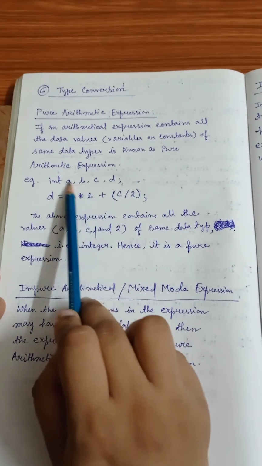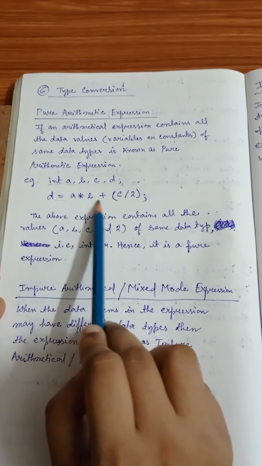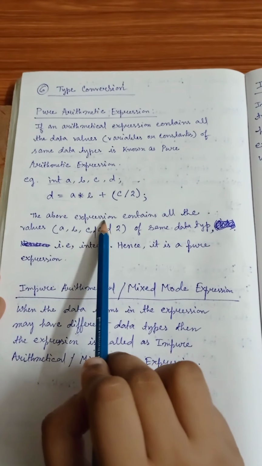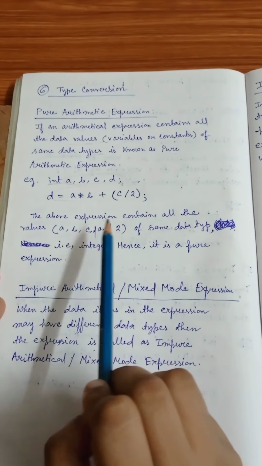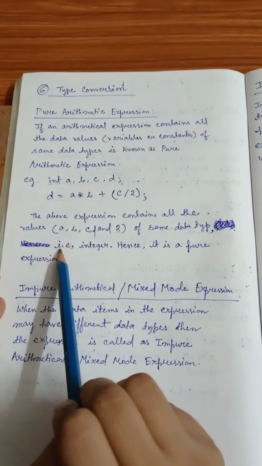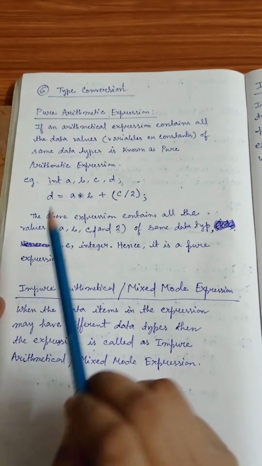These are variables of the same data type, which is int. So here is the expression. The above expression contains all the values, a, b, c, d and 2, of the same data type, that is integer. Hence it is a pure expression.